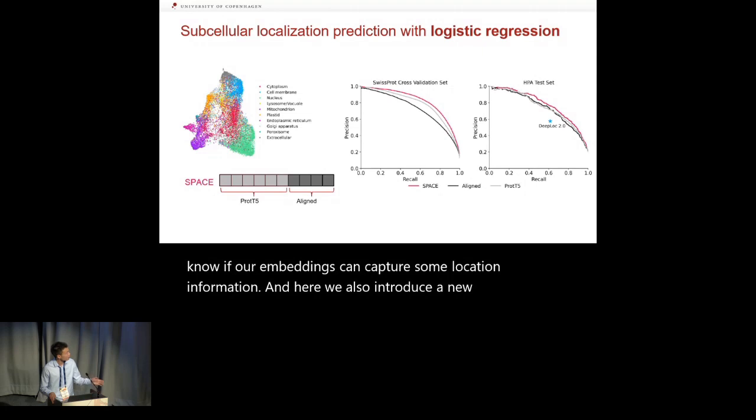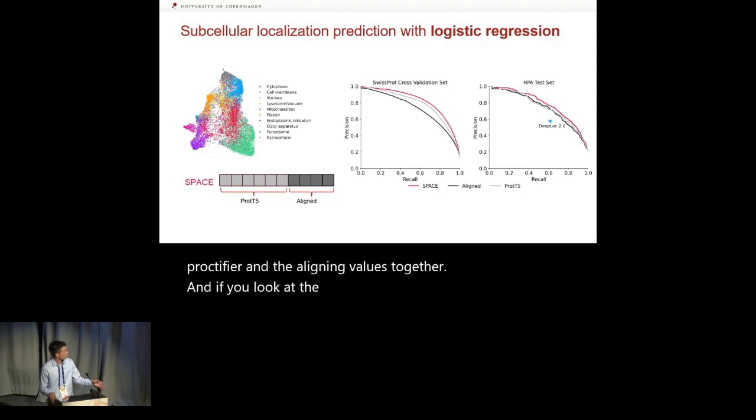And if you look at those precision recall curves, you can notice that our SPACE embeddings just outperformed the ProtT5 embeddings, because we add the information from the network.